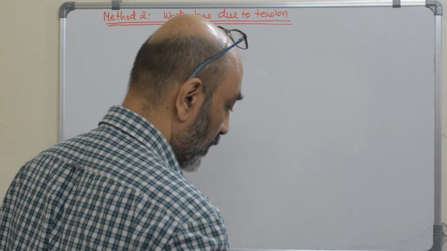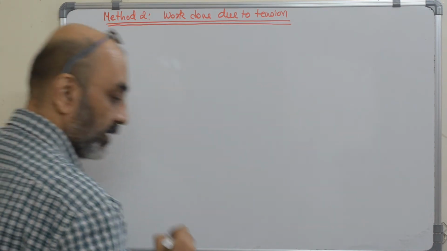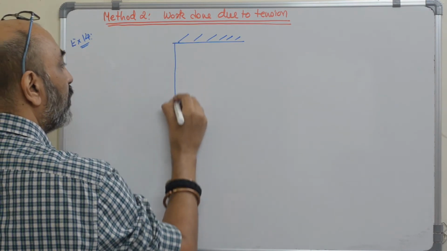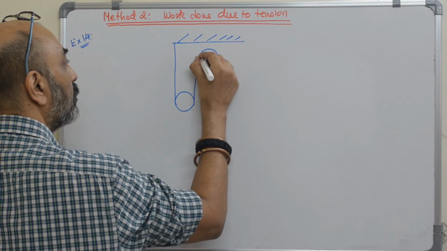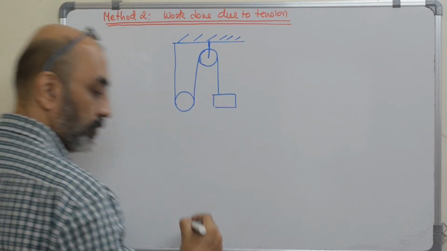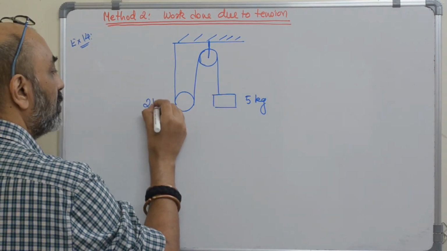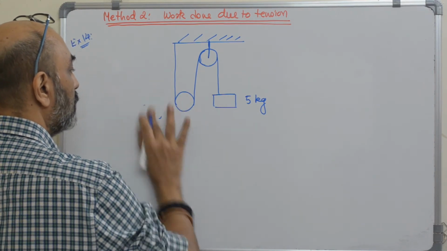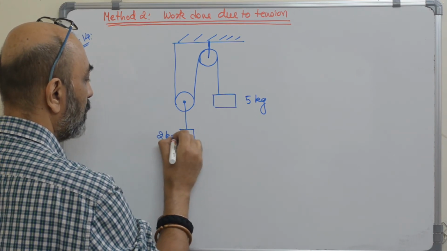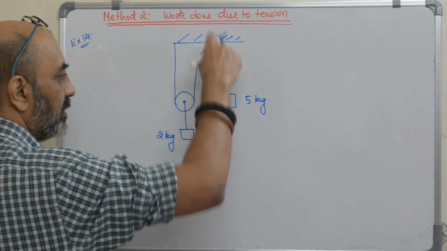Till where did we do examples? Up to 13. So example 14 now. In example 14, we have a pulley. The mass of this is 5 kg and this is 2 kg. This is accelerating in the downward direction.